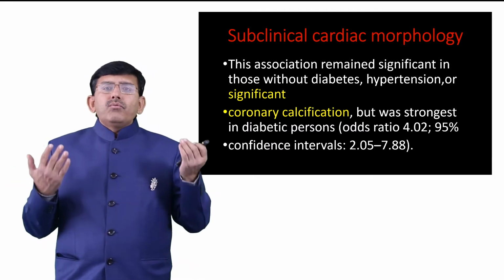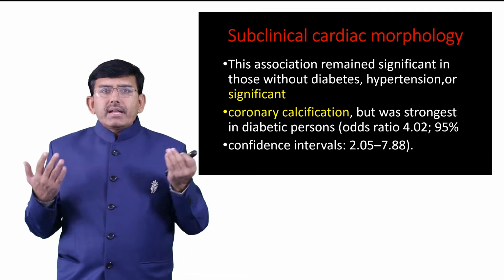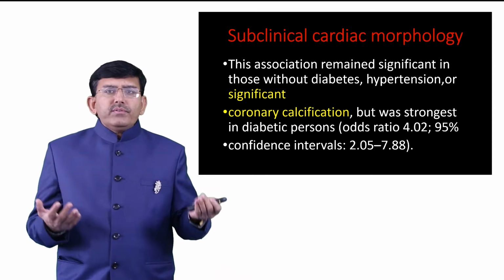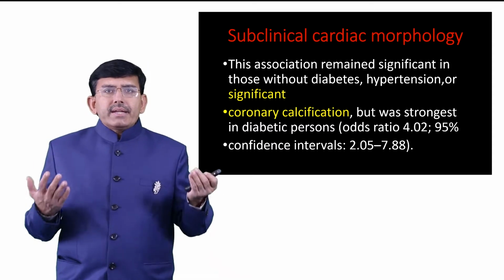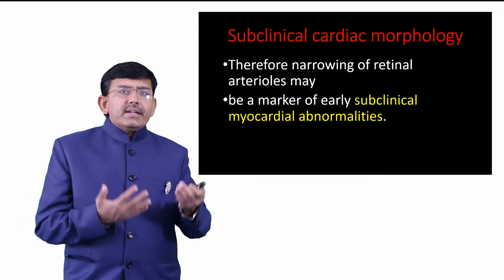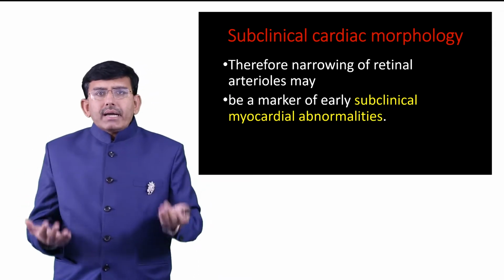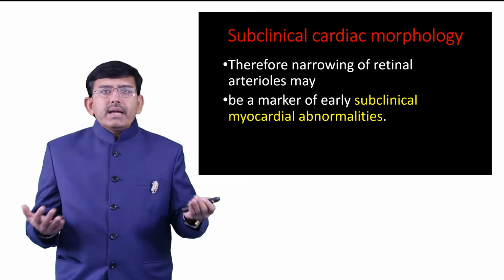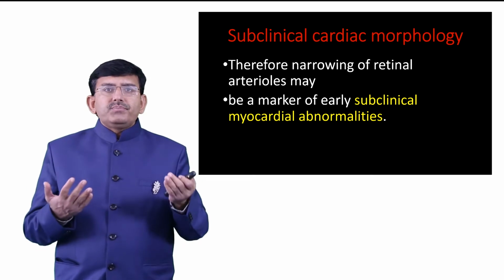Odds ratio 4.02, 95% confidence interval 2.05 to 7.88. Therefore, narrowing of retinal arterioles may be a marker of early subclinical myocardial abnormalities.